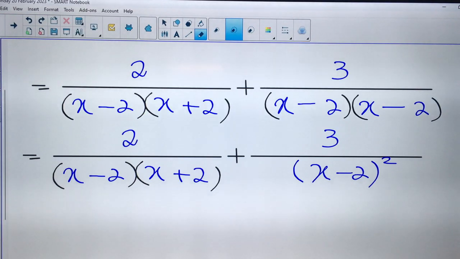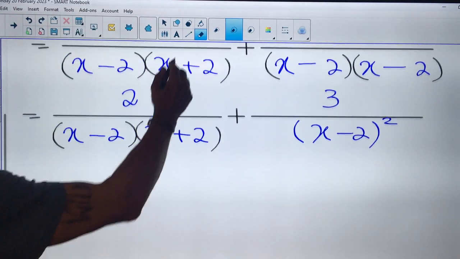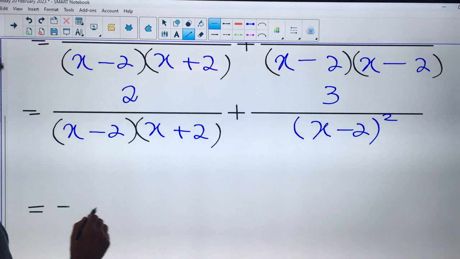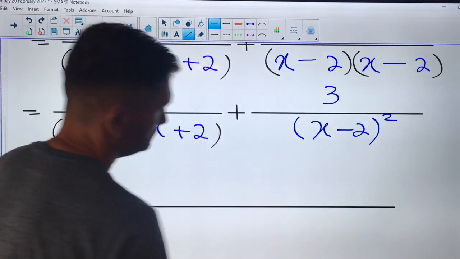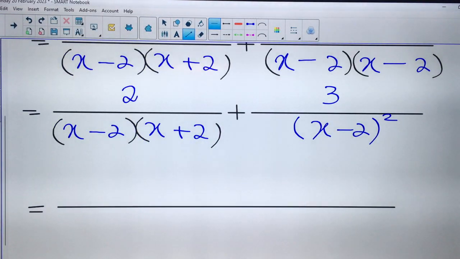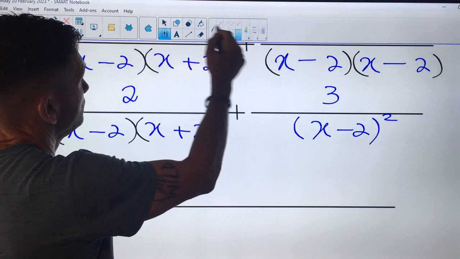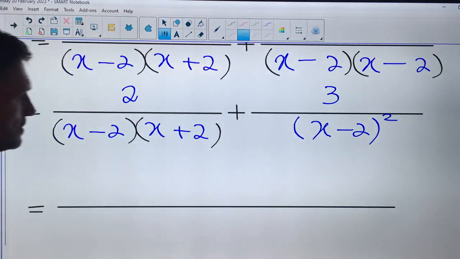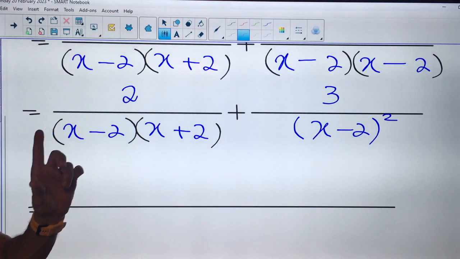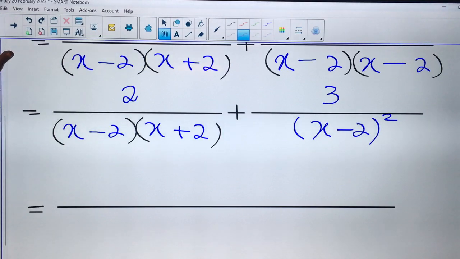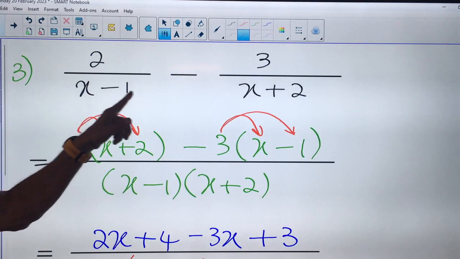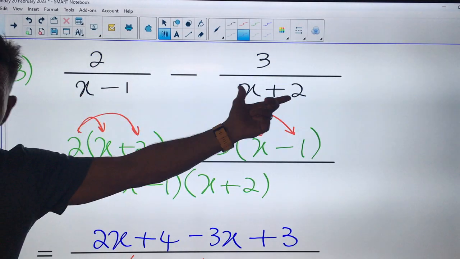Now you have to listen carefully to my reasoning here. You have to decide upon a lowest common denominator. So if I have to find a lowest common denominator, I have to use every bracket. Look at this one. I use this bracket, I use this one, and I use that one.